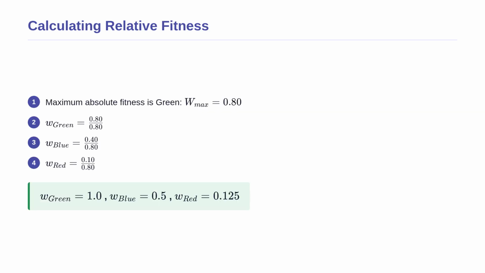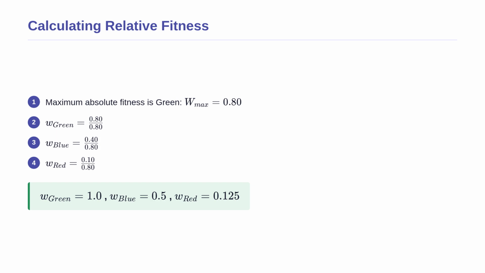Let us apply this new formula to our beetle population. We are given the absolute fitness values we just calculated, and we need to find the relative fitness. We use the relative fitness formula because it allows us to compare evolutionary success. Looking at our values, the green beetles have the highest absolute fitness of 0.80, making it our W max.